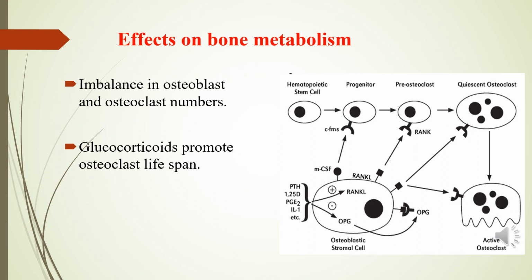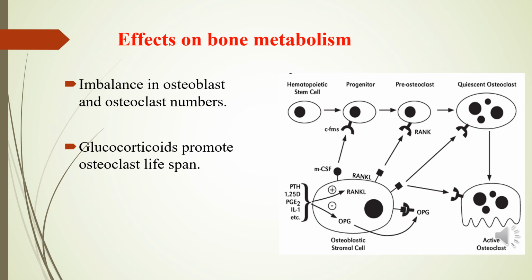And as you know from the figure, we have the two main cells in bone, the osteoclasts and osteoblasts, which are regulated by many factors, of which, of course, the cytokines and interleukins, and one of these regulators is a glucocorticoid. So, as we mentioned, glucocorticoid administration induces an imbalance in osteoblast and osteoclast numbers with loss of bone mineral density.